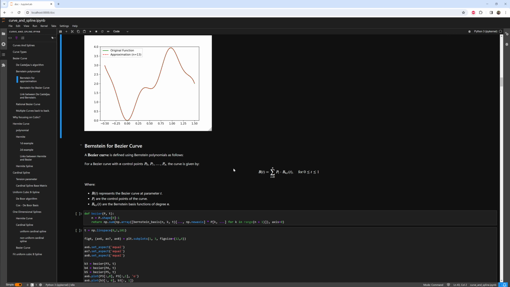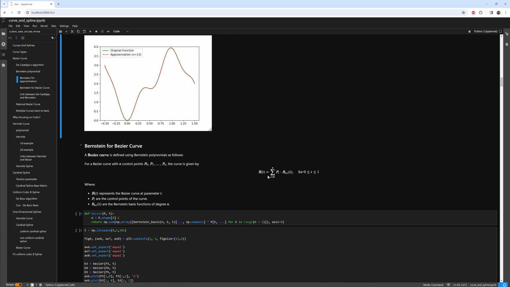So if I want to do a cubic Bezier curve, I will have 4 points, meaning that I will have 4 different bases for the Bernstein. And I will just multiply my first point with my first base, my second point with my second base, third point with my third base, fourth point with my fourth base.